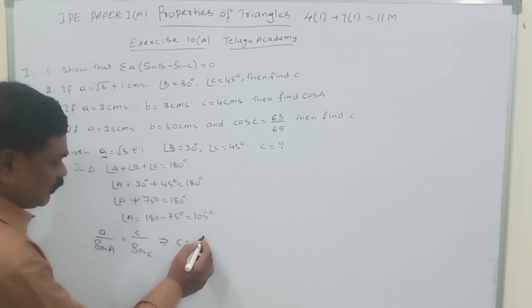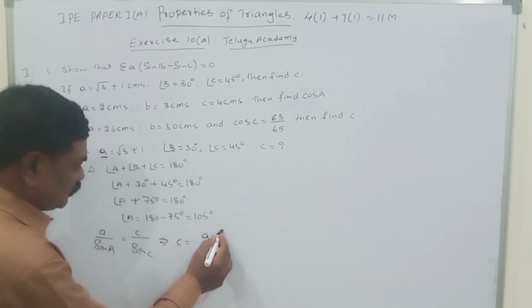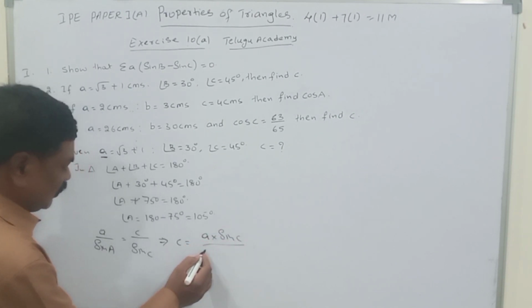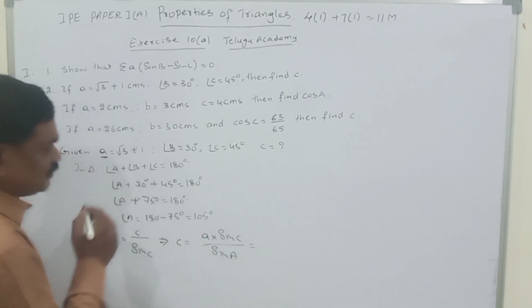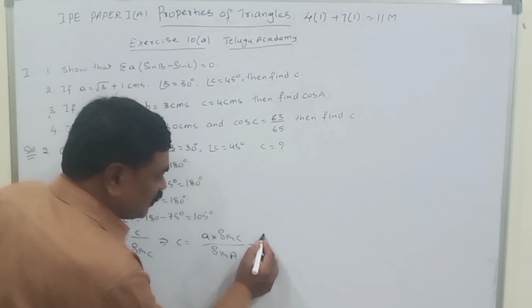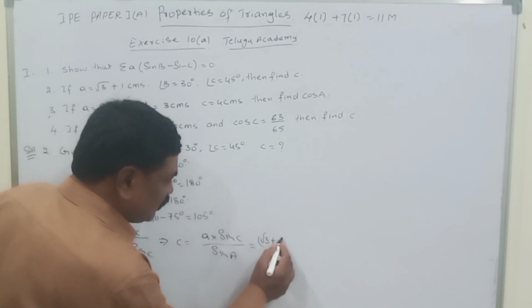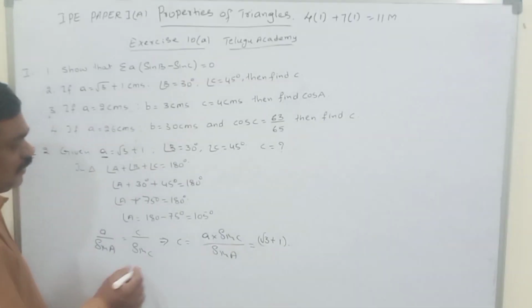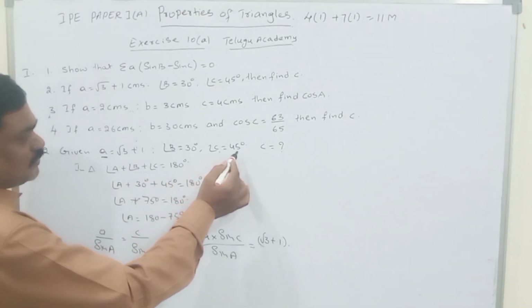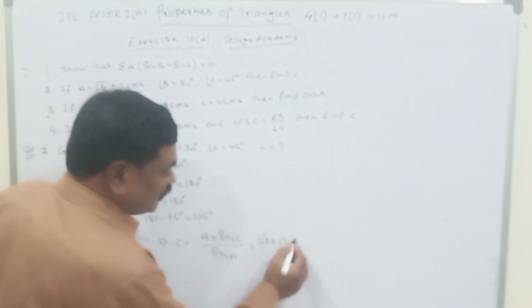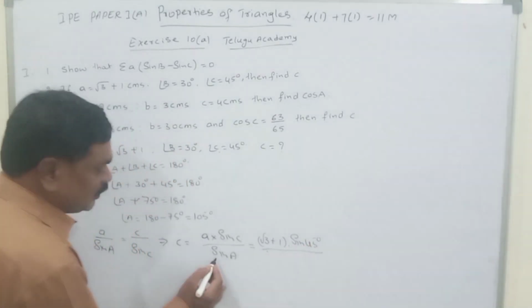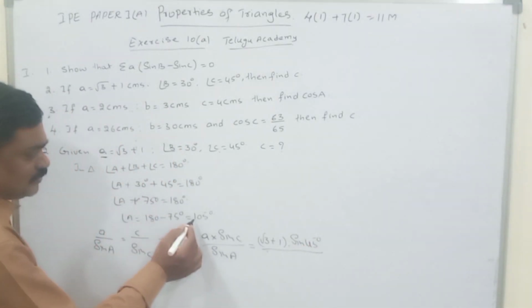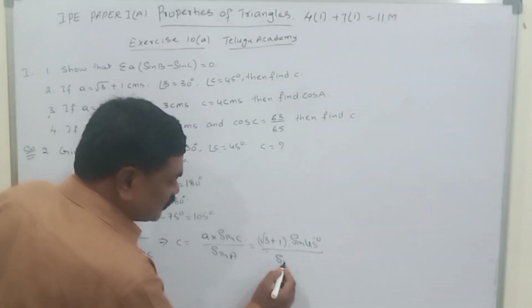So c is equal to a into sin C by sin A. What is a here? Root 3 plus 1, into sin C. Angle C is 45 degrees, so sin 45 degrees by sin A. Angle A is equal to 105 degrees.